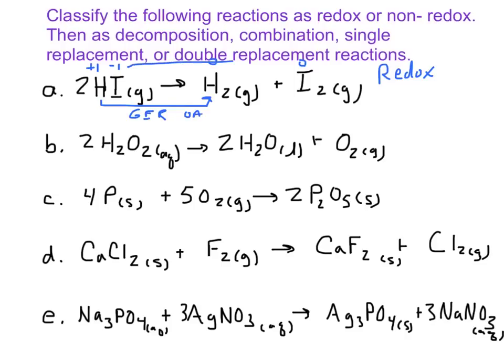And then iodine would lose electrons, and it would become LO, and it would be the RA. Now remember, that's just shorthand. LO means oxidized, and RA means the reducing agent. This is a redox reaction, and it's going from one thing to two things, so it's falling apart, so it's decomposition.